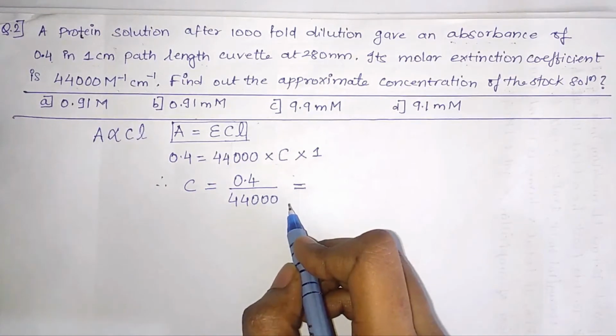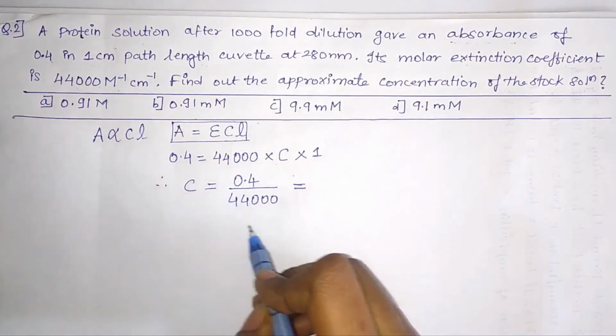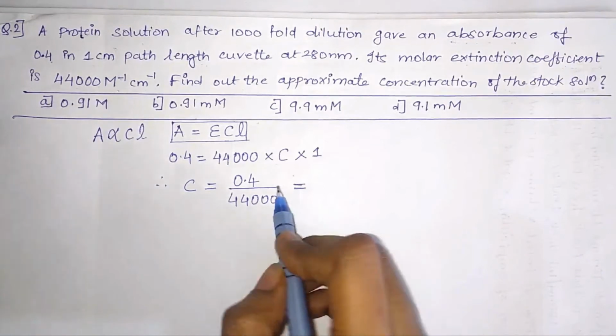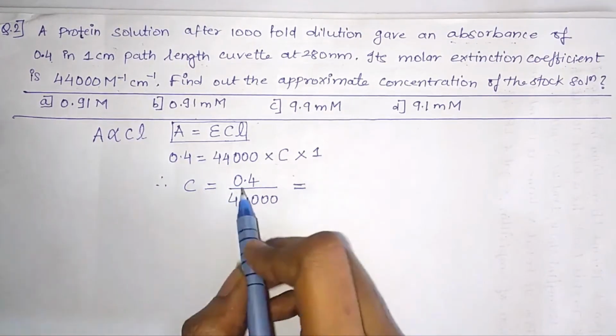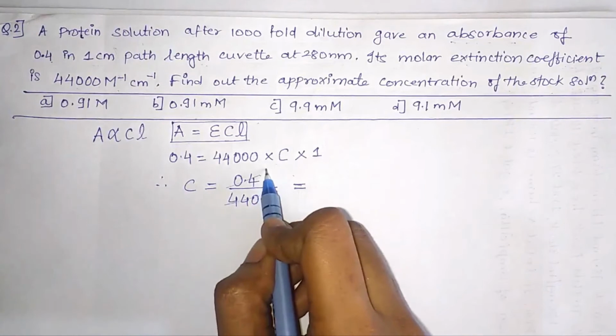Most of the entrance exams are computer based, and you can get an on-screen calculator which you can use for solving such equations. So we can just solve it by dividing throughout by 4.